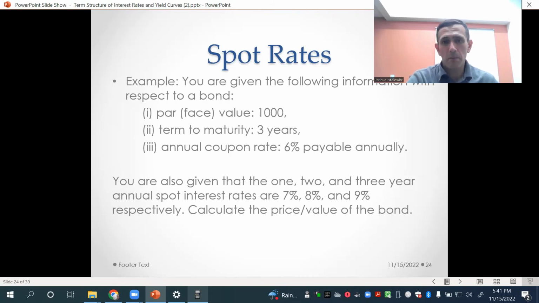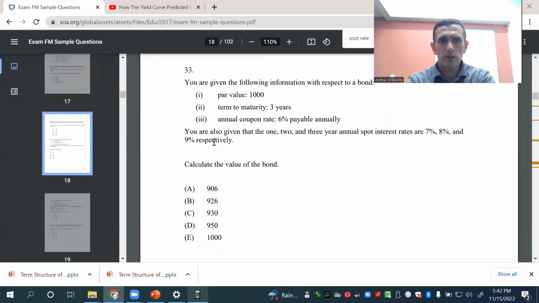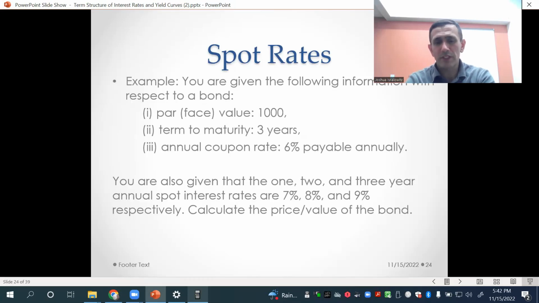This problem here uses the term value. It's really the price. Because as I've always said, the price of any annuity is its present value. Nothing different here. Now we're just being a little more sophisticated and using spot rates instead of one single interest rate, one single yield rate rather.